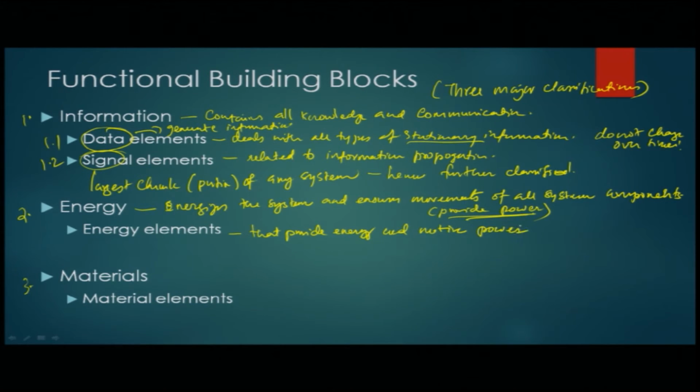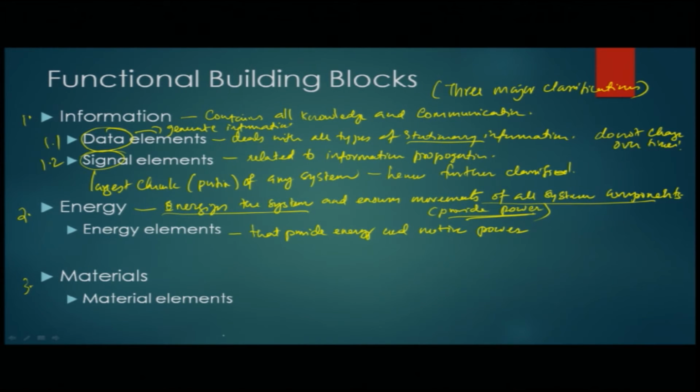It could be an engine, a battery, a fuel cell, it doesn't matter. It could be a thermocouple even, or an optical light source. Anything that actually provides energy or motive power for the system so that it energizes the system and ensures movement of the system components. That is what comes as the energy, which is the second functional building block of the system.